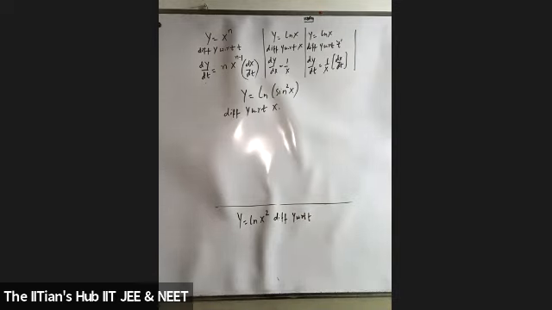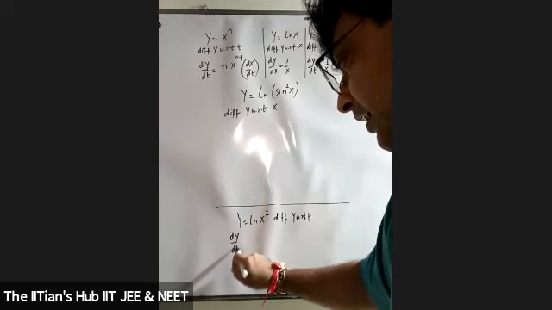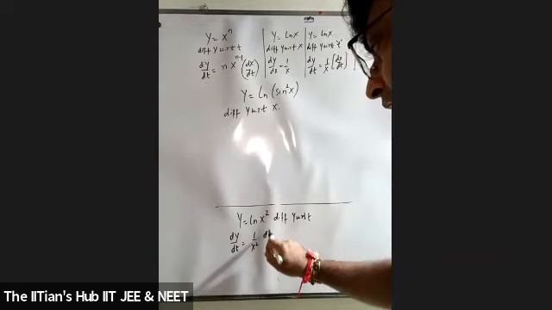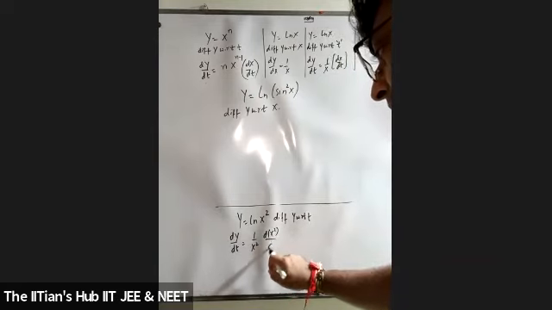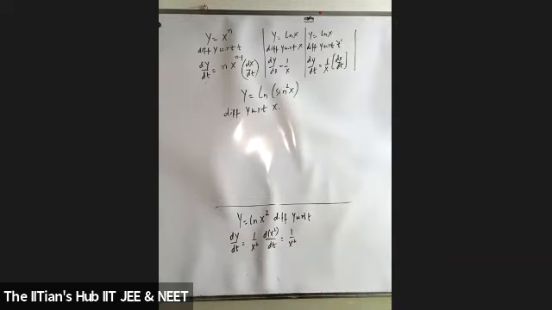So what will you do? 1 by x square into dx by dt. So dy by dt will be 1 by x square times the derivative of x square by dt. That means 1 by x square will come anyway. Differentiating x square gives 2 into x dx by dt.